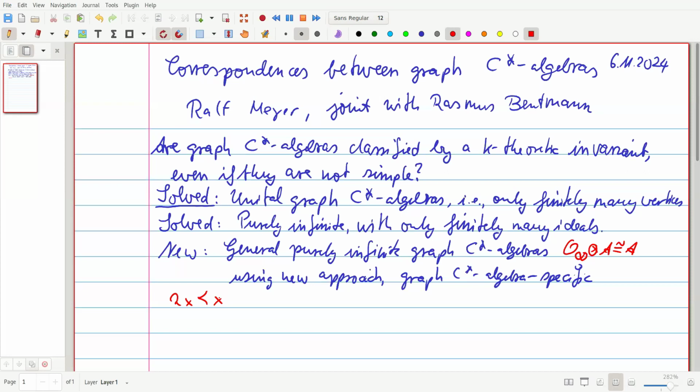So this is the paradoxical behavior that you have in things like O2, O infinity, that there are these non-trivial isometries which would make the unit element equivalent to a halving projection. And you want that every element has this paradoxical behavior.